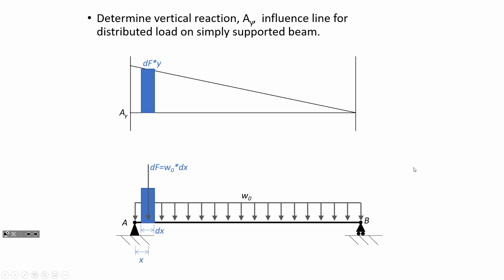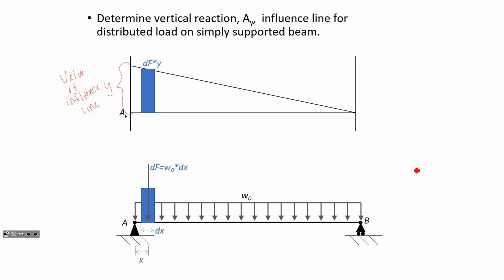If this is my P and this is my value of my influence line, y, my df is P, right?